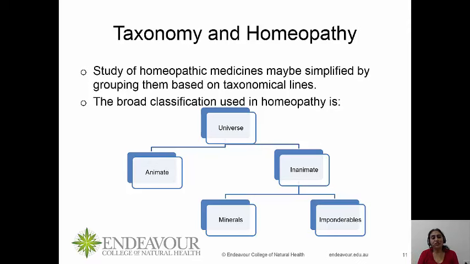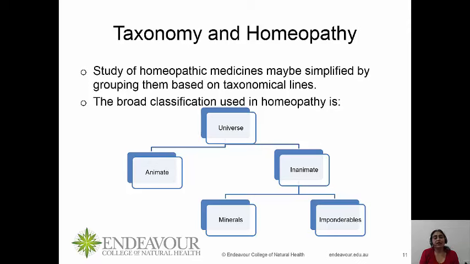It's based on this line of thinking that the study of taxonomy and of medicines based on taxonomy was introduced into homeopathy. And therefore, knowledge of taxonomy has also become important in the study of homeopathy.